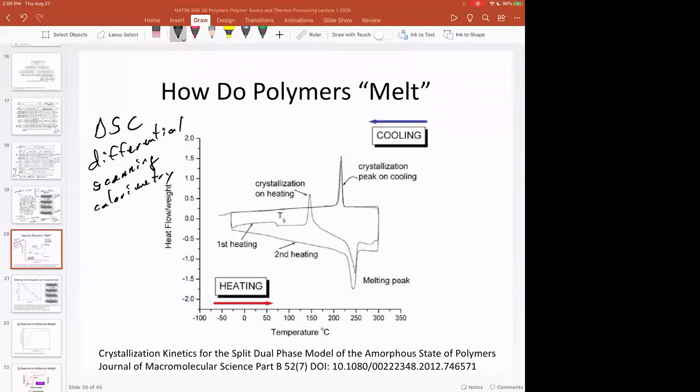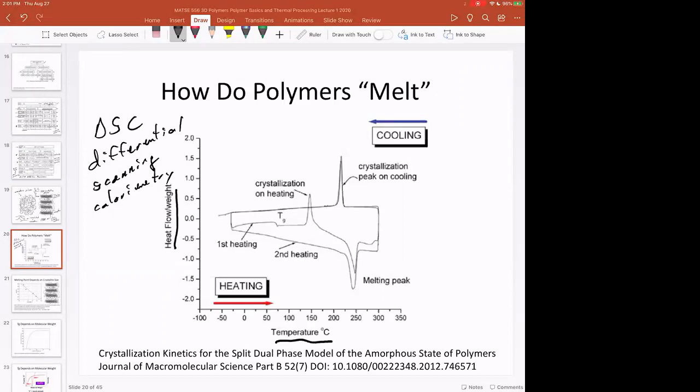It's called that because it's measuring this thing called heat flow, and it's measuring the heat flow as a function of temperature. And if you measure heat flows, that means you can measure enthalpies, especially if you're measuring against a reference. That's where the differential comes from.